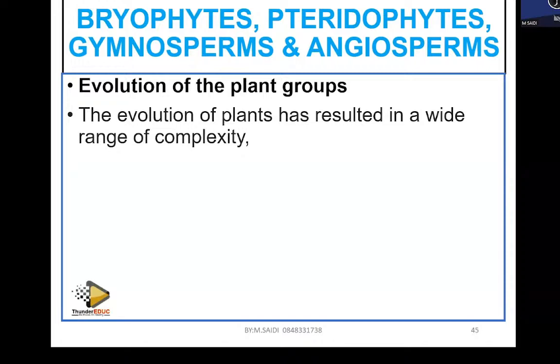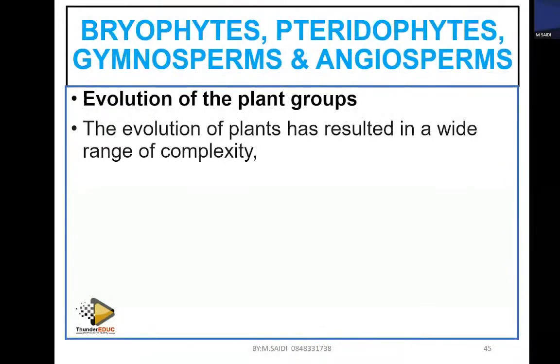It means that organisms evolve from simple to more complex organisms. Evolution is an increase in the complexity of an organism. The organism becomes more complex as time goes on. I can give an example of the different types of phones we have been using. A version of 2000 and a version of 2022 are basically different.